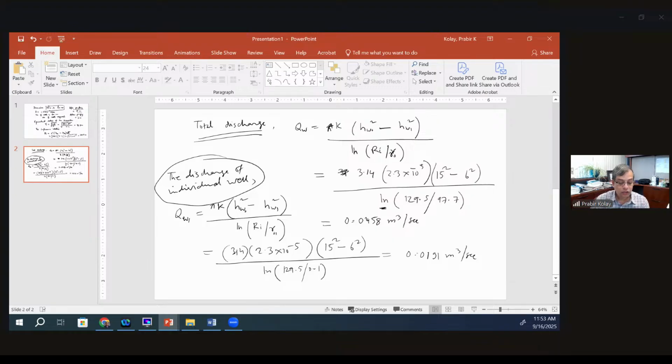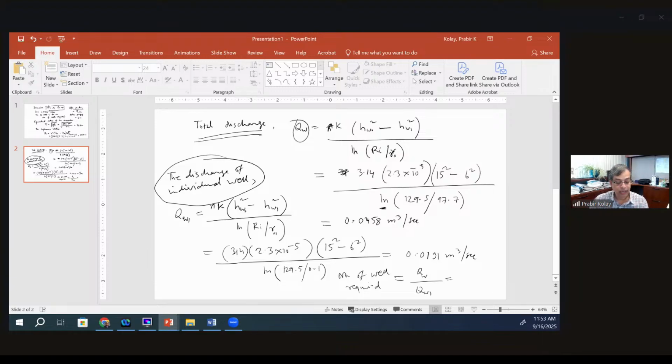So we need to calculate how much will be the number of wells required. The number of wells required is the total discharge Q calculated, divided by the individual discharge Qw1.